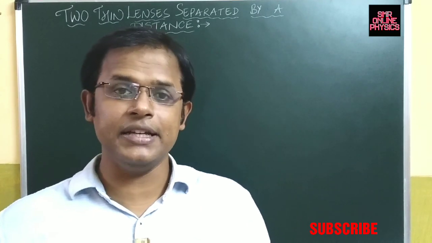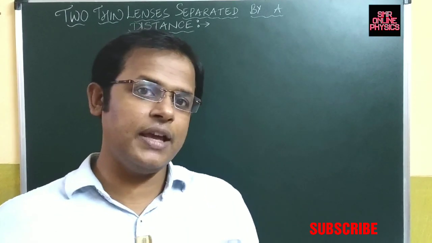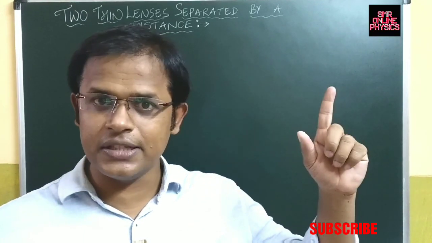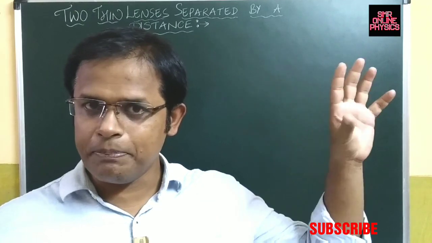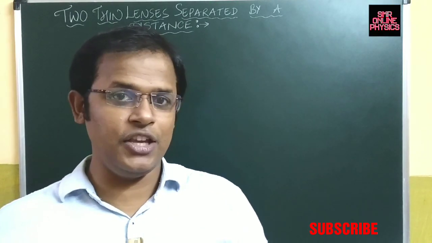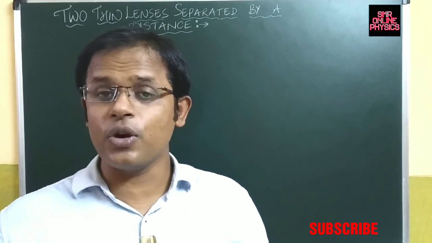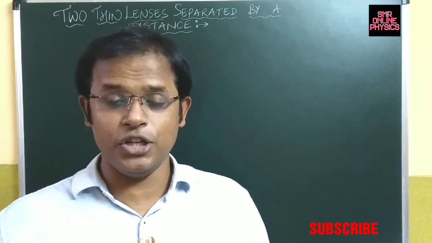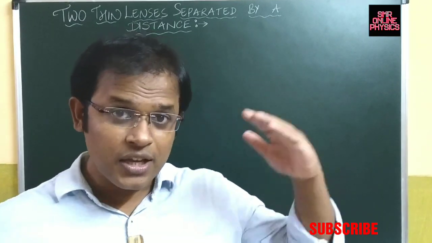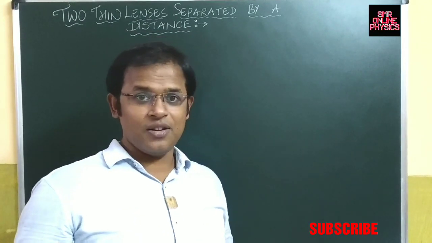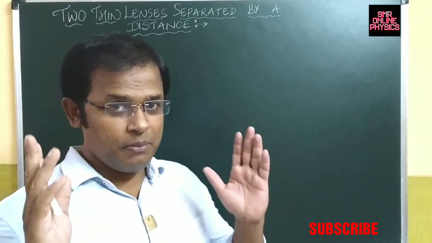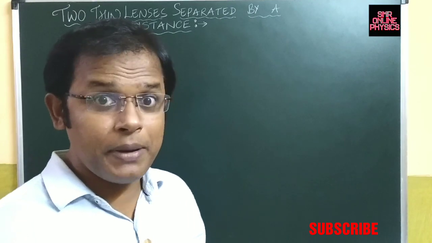It's slightly complicated, so we'll deal with a very special case, as if the object is at infinity, when a parallel beam of light is incident upon the lenses. Let us see what the equivalent focal length is for such a combination. This is going to help us a lot in our upcoming topics. Please pay attention. I will do it in the crispiest way.